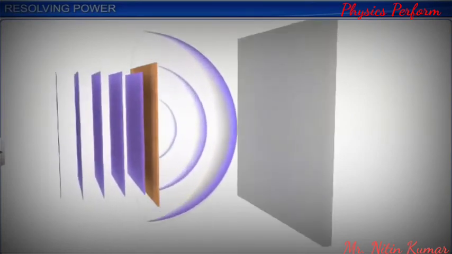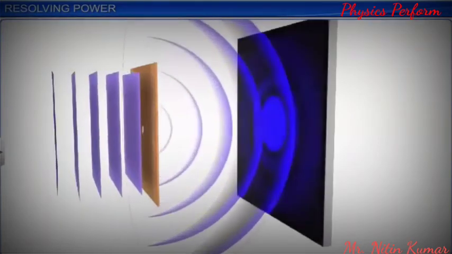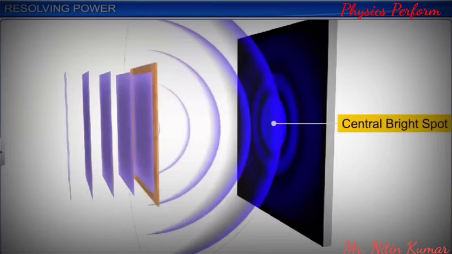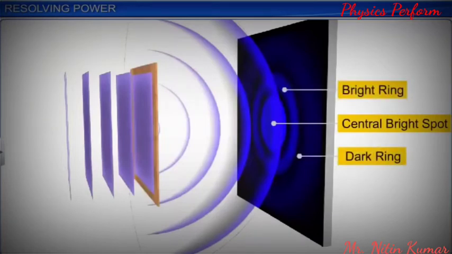The parallel beam of light is diffracted by the circular aperture, and we observe a diffraction pattern on the screen which consists of a central bright spot surrounded by alternate dark and bright rings. The central bright spot is called the Airy disk. The intensities of the subsequent bright rings drop off very quickly as we move away from the central disk. In fact, 85% of light energy falls within the Airy disk.